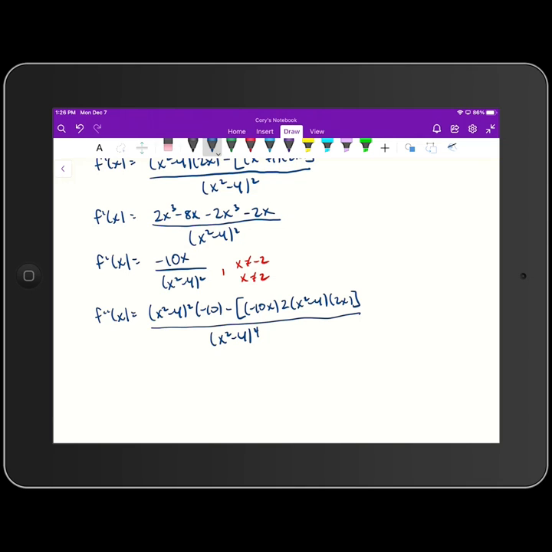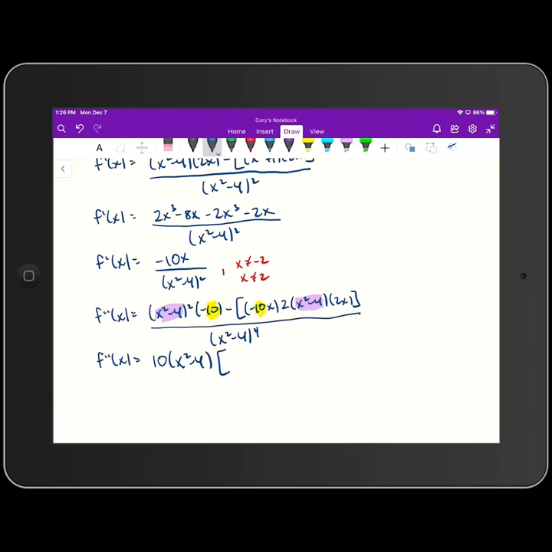Okay, so just like we did in class, the two factors that they have in common are, I'm going to take the positive 10 and then also the factor of x squared minus 4. So I'm going to pull both of those out. So when I do so, that gives me f double prime of x equal to 10 times x squared minus 4.